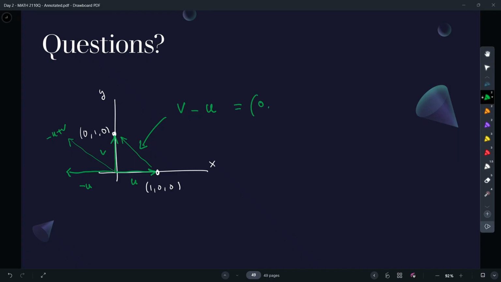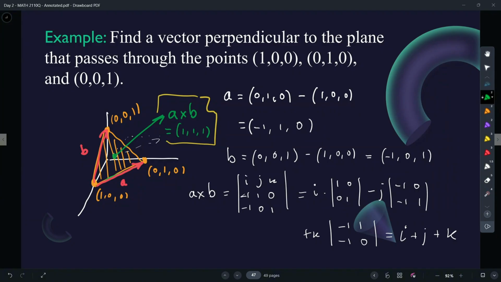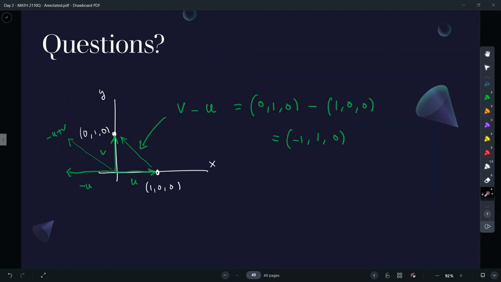V was given by 0, 1, 0, and u was given by 1, 0, 0. So that's why I subtracted that way to find the vector A. That was the one I was looking for here. So if you look at the two-dimensional perspective here, that is the vector I was looking for. So this is the vector A from the other slide.